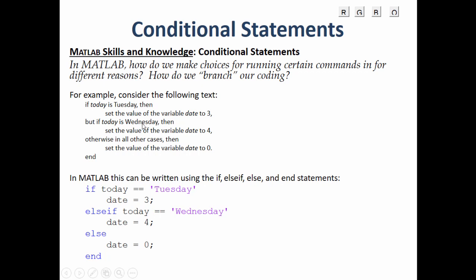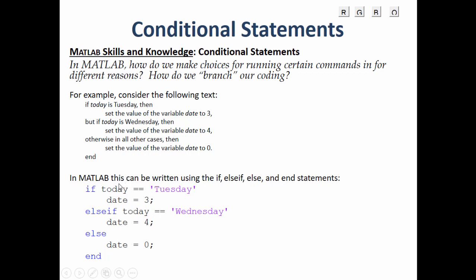But if today's Wednesday, let's set it to 4. Otherwise, in all other cases, because I don't care about any other days except for Tuesday and Wednesday, let's set it to 0. So that's a very simple way to say, take in some information, this input variable today, and then create another variable date with certain values depending on what the value of today is.